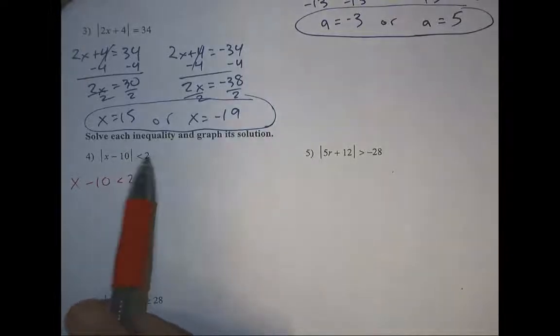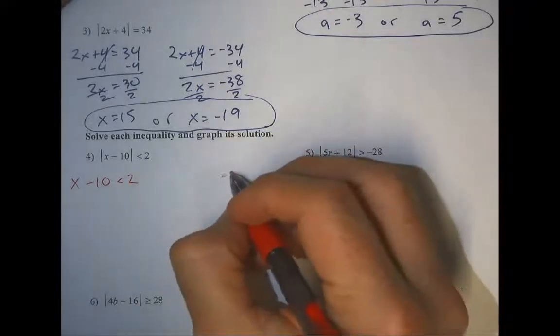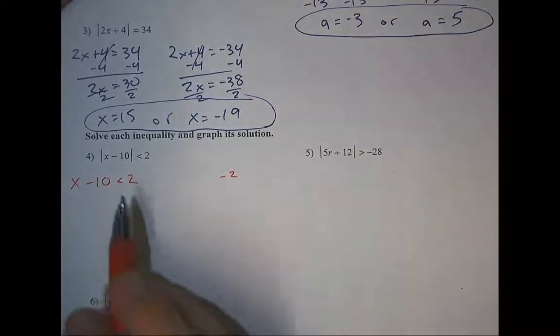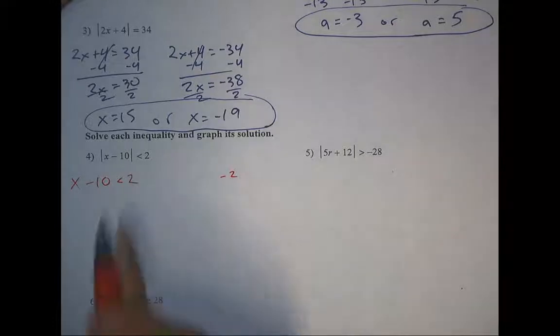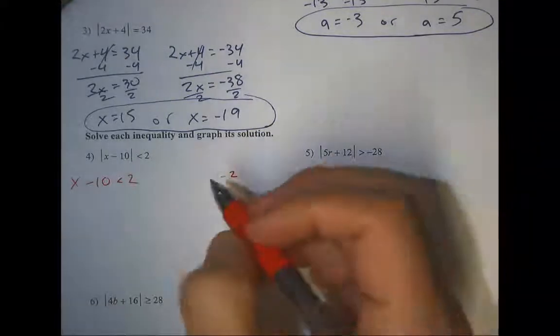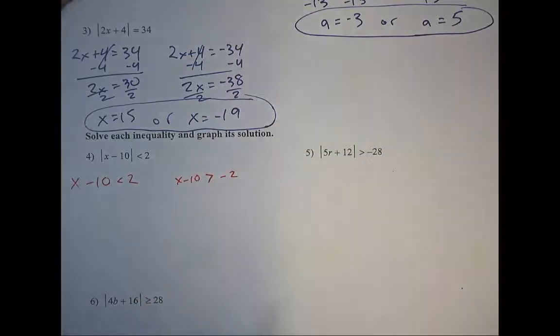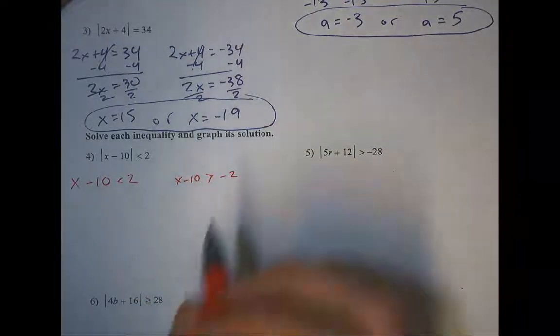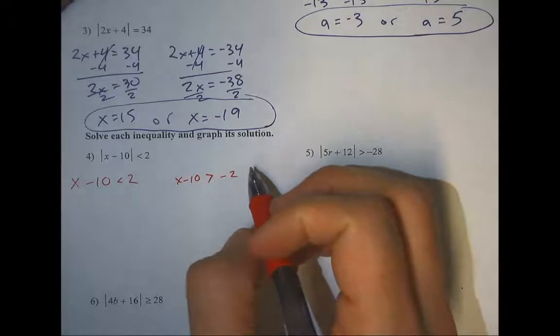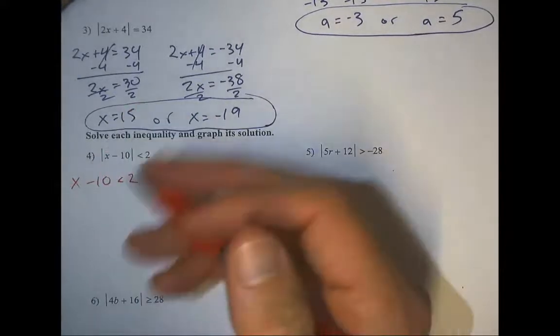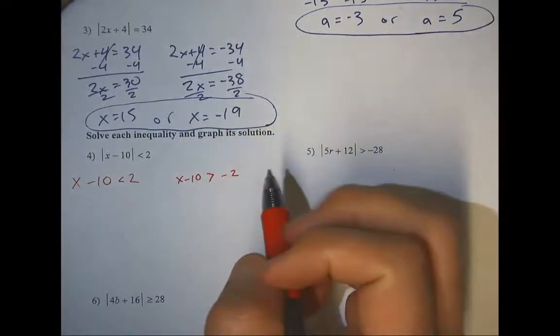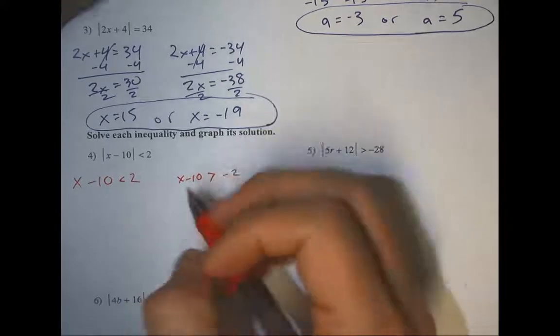So we're going to compare everything. The dividing line is going to be the opposite of this. It's going to be negative 2. But I actually need this value to come out to something greater than negative 2. I need x minus 10 to be greater than negative 2, because that's what negative 1 represents, or anything that's actually in the positives. Okay, so that's a lot to wrap your head around.